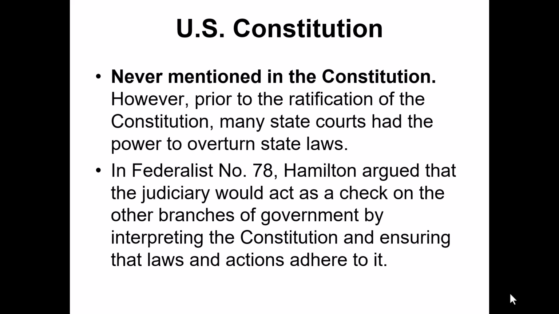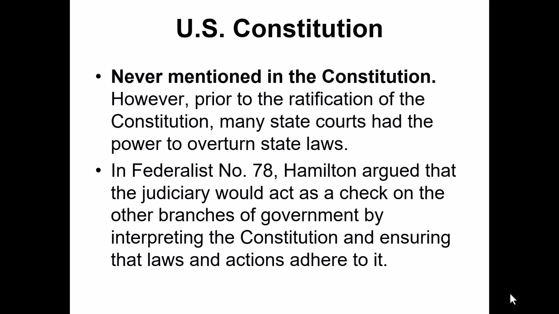Many state courts had the power to overturn state laws, although they may not have done it very frequently. They had that power prior to the ratification of the federal U.S. Constitution. And many founding fathers might have assumed that the Constitution just placed this power in the courts.